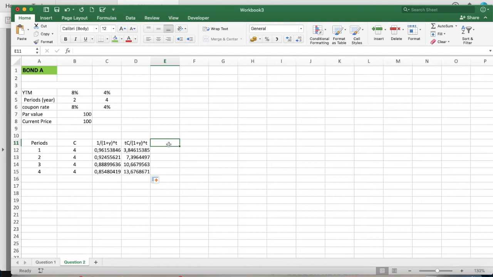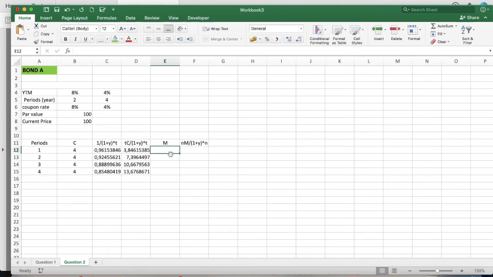Then we have the par value, and we have n times m divided by 1 plus y power n. N is the final period, which is equal to 4 for this example.